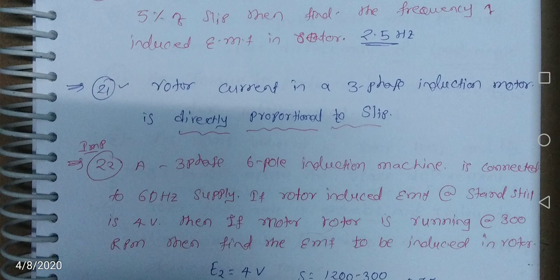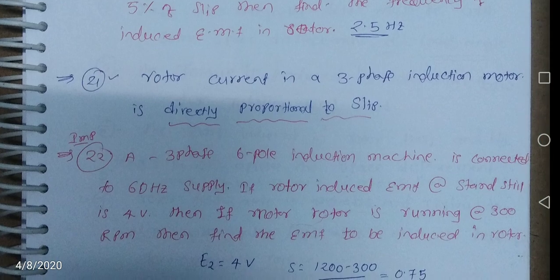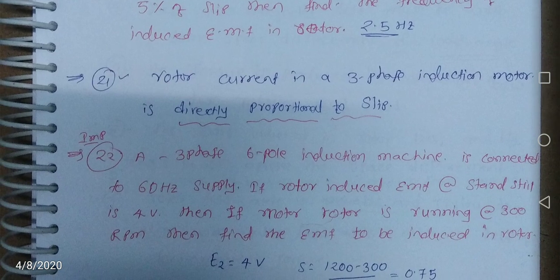If the rotor induced EMF at standstill is 4 volts, and the rotor is running at 300 rpm, find the EMF induced in the rotor.